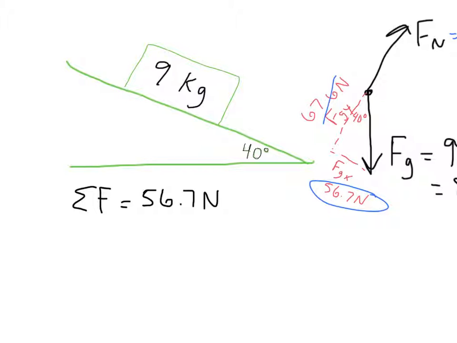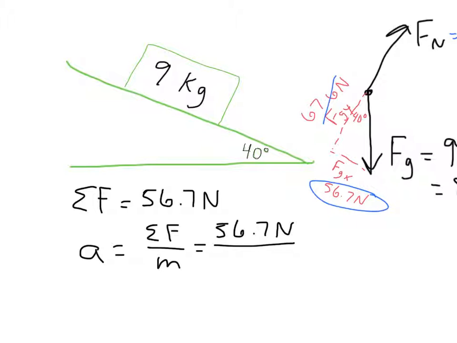And then I can find my acceleration by going back to what Newton said. Newton said acceleration was equal to the sum of all forces over mass. F equals ma rearranged. So 56.7 over 9. What I get is an acceleration of 6.3 meters per second squared.